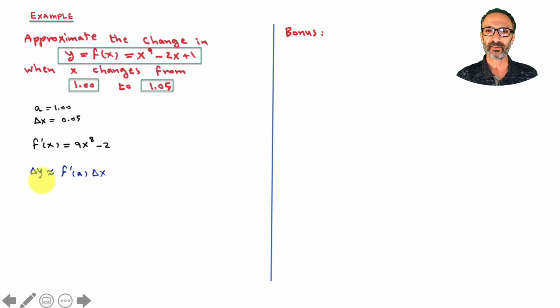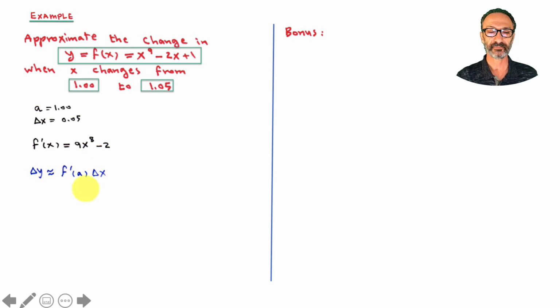Delta y will be replaced by dy, and that's the word approximate delta y. If you want to replace delta y with dy, you saw on the graph, that's not the same. Delta y, dy are not the same. Delta x and dx are the same. So instead of delta y, we're going to write dy.